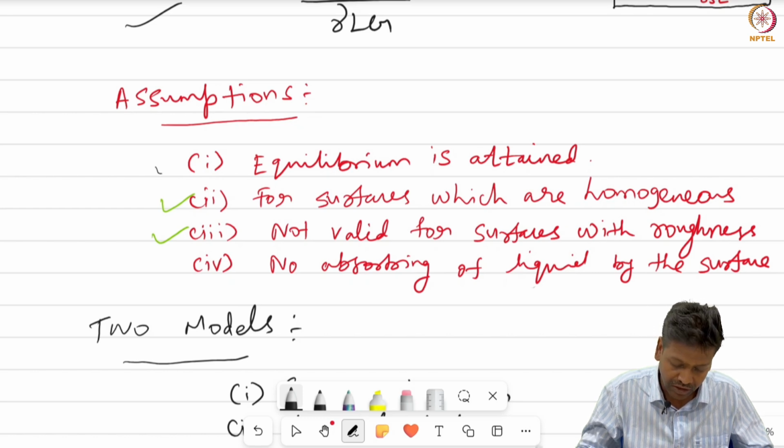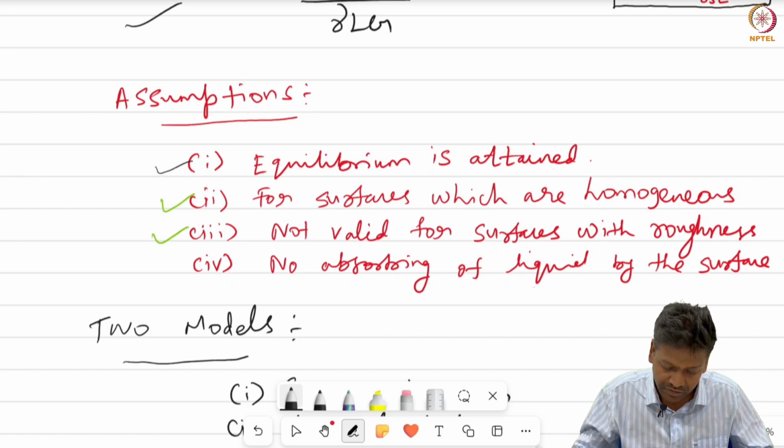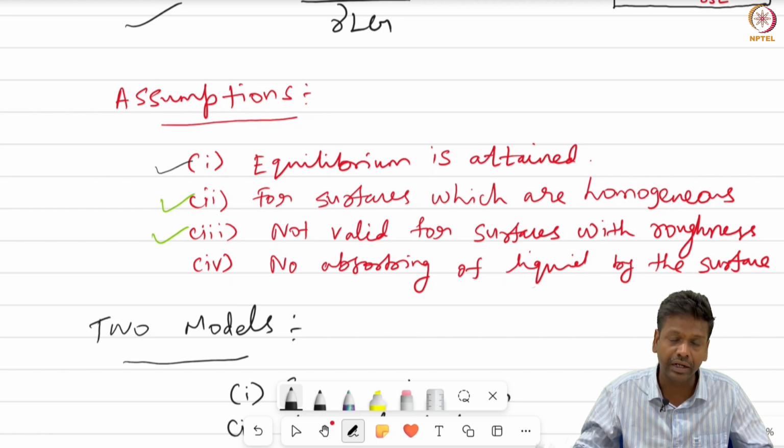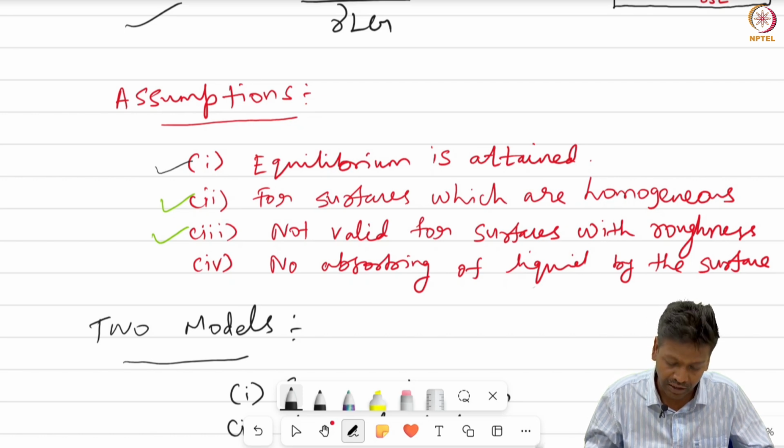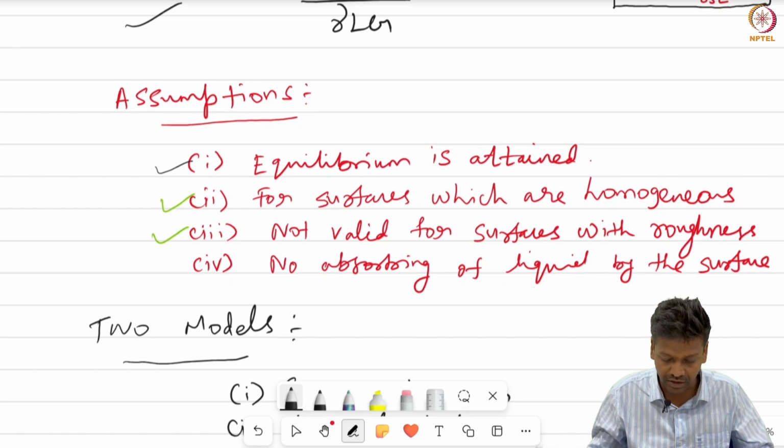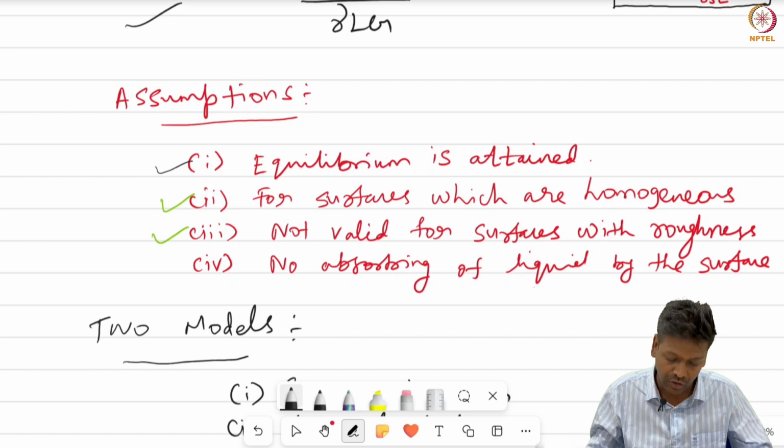The second and third assumptions are that it is applicable for surfaces which are chemically homogeneous and which are smooth. This means that this equation is not applicable for surfaces which are heterogeneous, and surfaces with roughness.